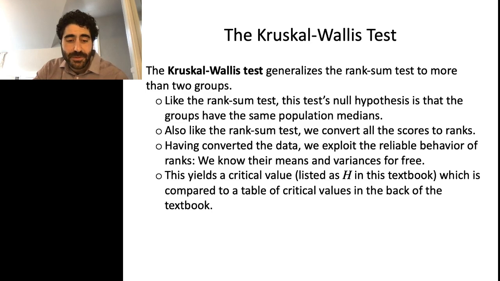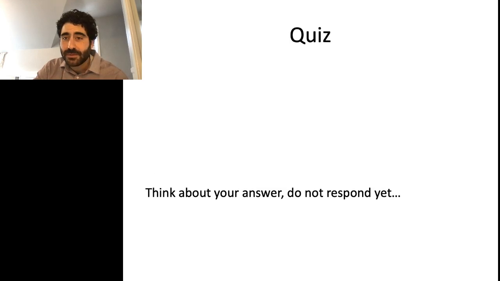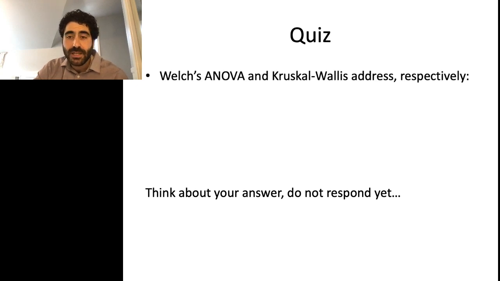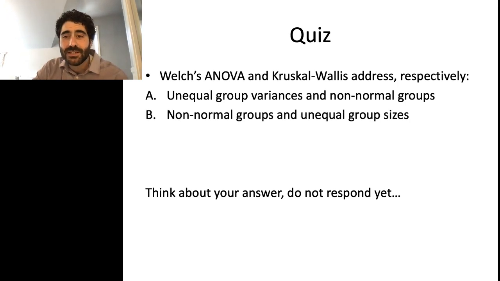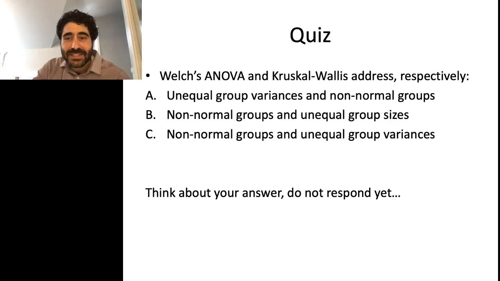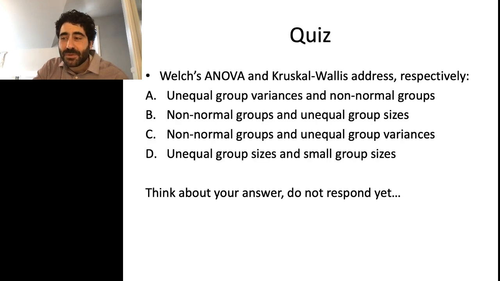Okay, let's review those two things we just talked about with a quick quiz, right? So we just talked about first the Welch's ANOVA and the Kruskal-Wallis ANOVA. What two problems do these things deal with? Unequal group variances and non-normal groups, or non-normal groups and unequal group variances, or unequal group sizes and small group sizes.